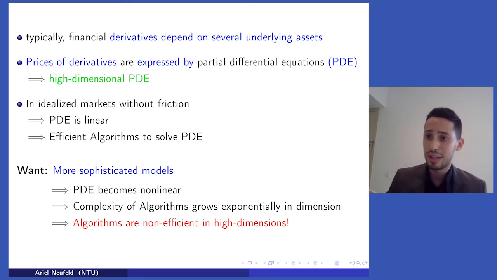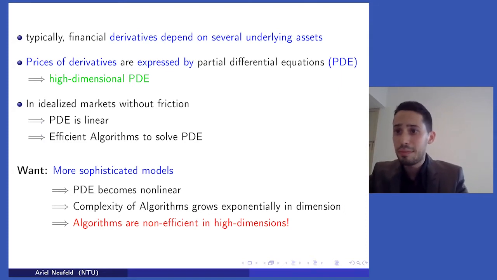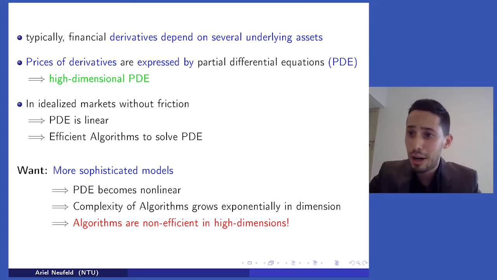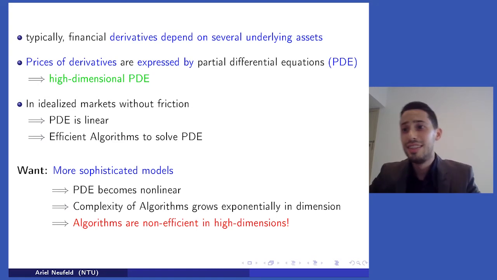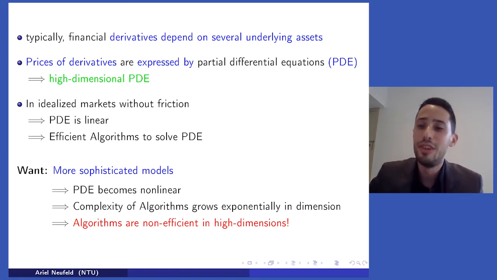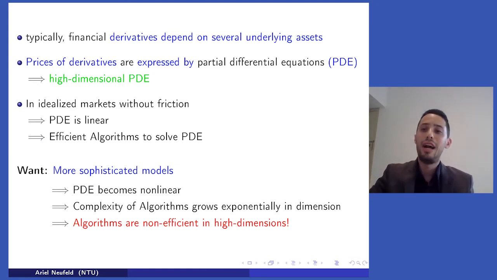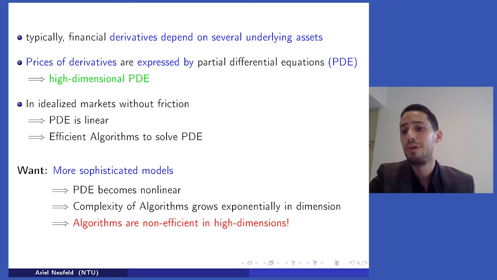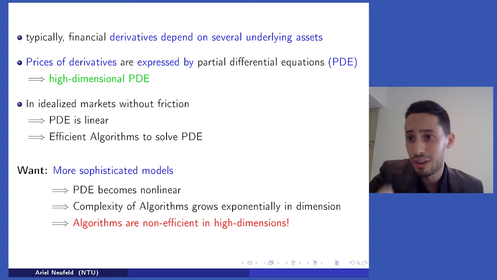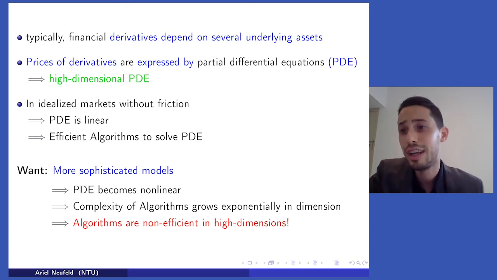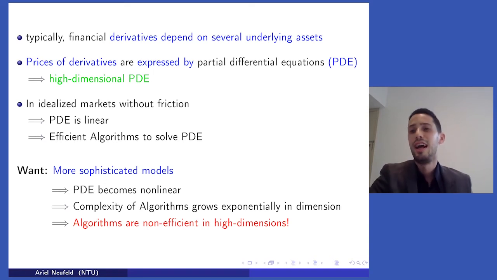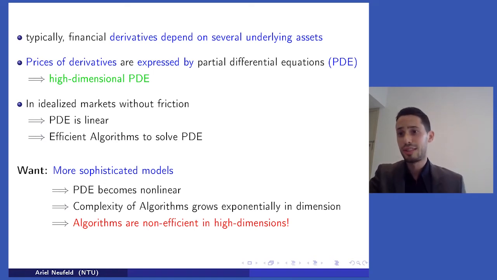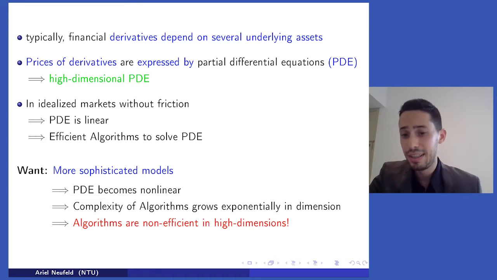And as a consequence, from an analytic point of view, the corresponding partial differential equation is no longer linear, but becomes a nonlinear PDE. And from a numerical point of view, this has a severe consequence, namely that the complexity of the algorithm now grows exponentially in the dimension because of the nonlinearity, and there are no longer any efficient algorithms which can solve those nonlinear PDEs efficiently.